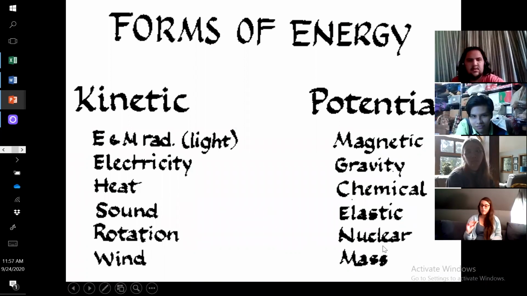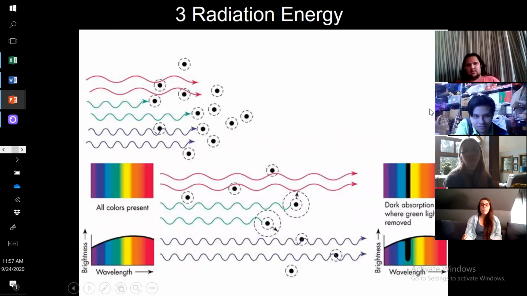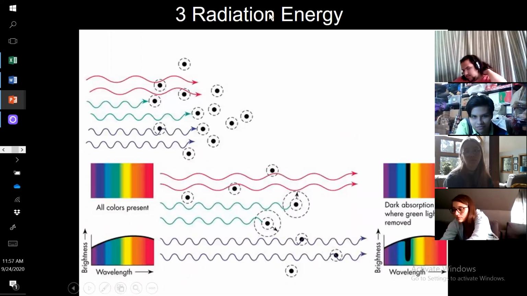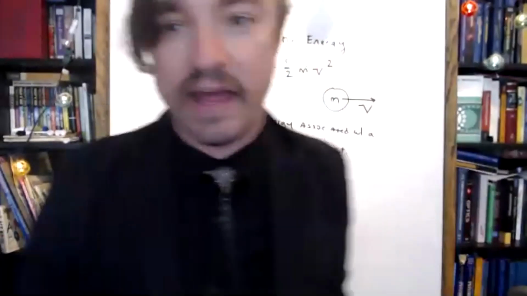So potential energies can have different types. Kinetic energies can have different types. Light is something you're going to learn about today. Light is a pure form of energy, which I would say is not entirely kinetic and not entirely potential. It has a little bit of both aspects, and so it's kind of its own class of thing.